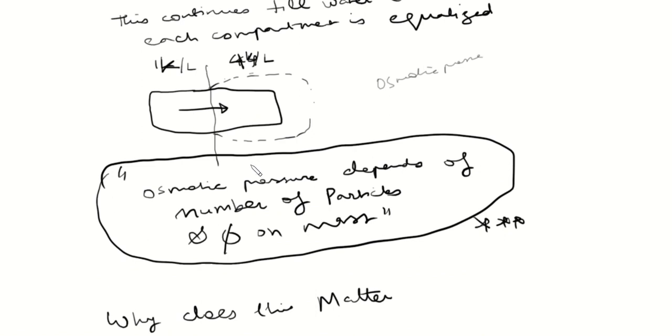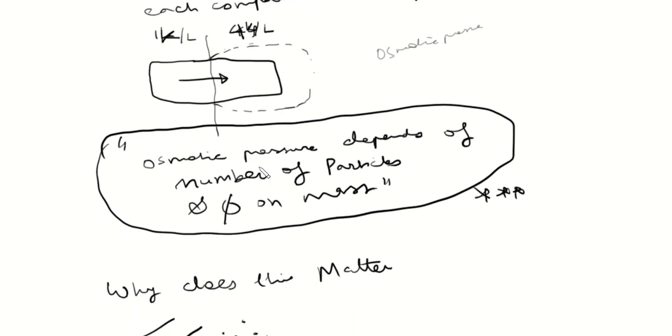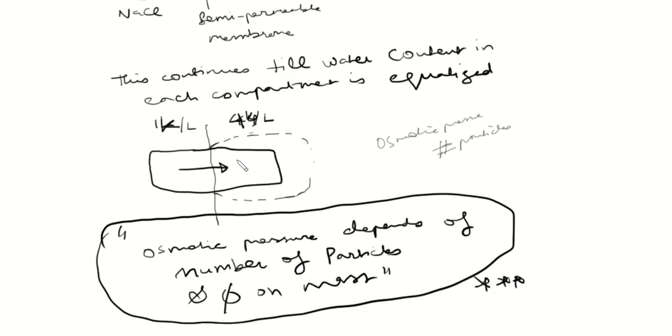Okay. Now this is very, very important. It depends on the number of particles that are there in each section. So if I have more particles here, less particles here, I'm going to have osmotic pressure that is going to move fluid from here to here because this has more particles and this has less particles.